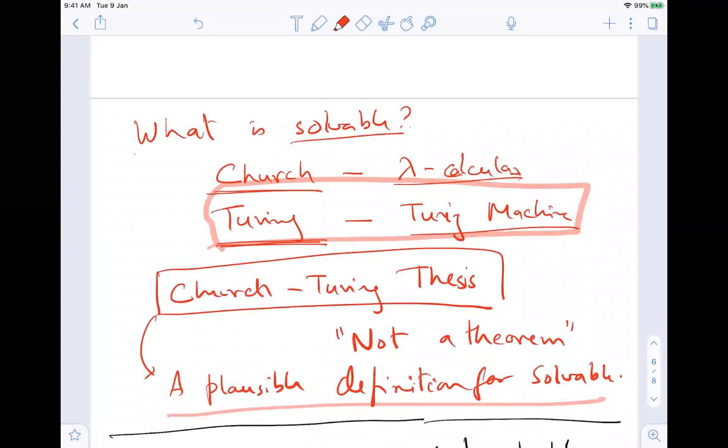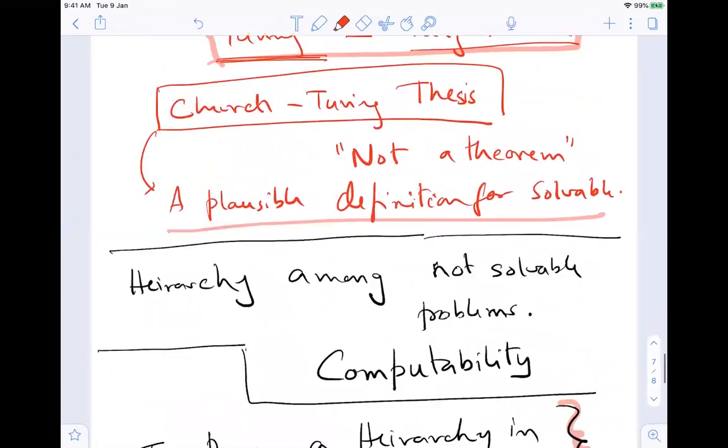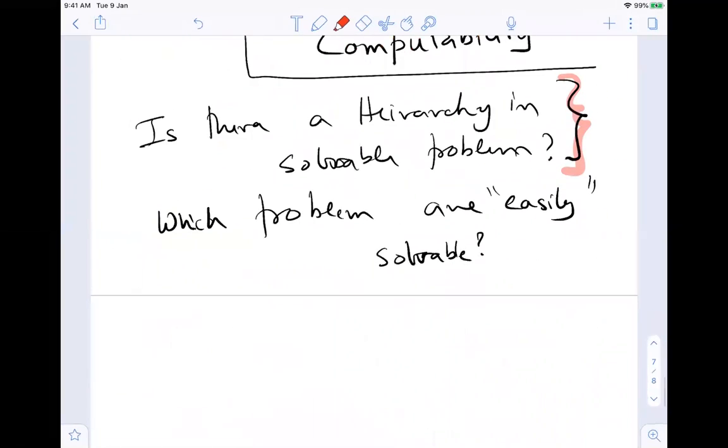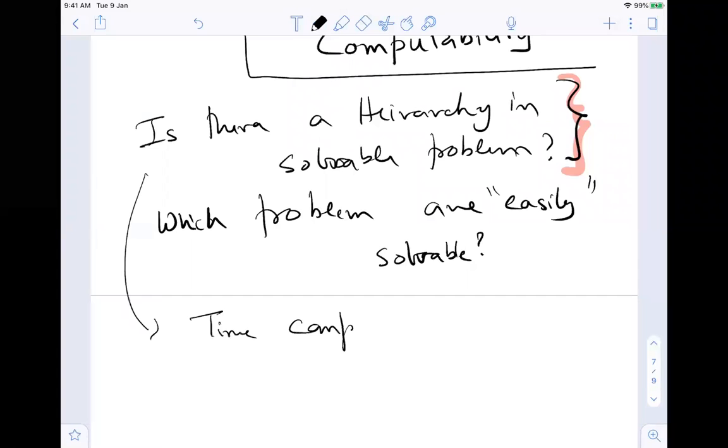I will not go into the definition of Turing machines at all. But this naturally gave a hierarchy to the solvable problems. And using that, you can define things like time complexity and space complexity, and so on.